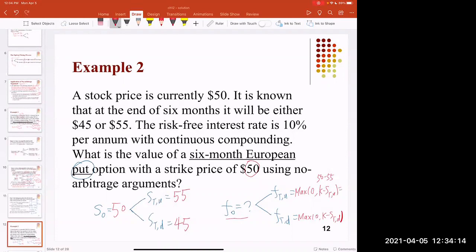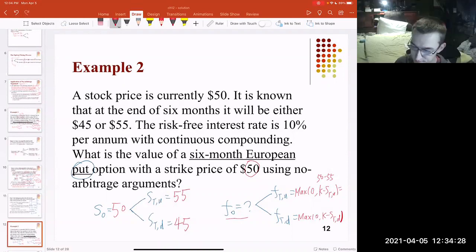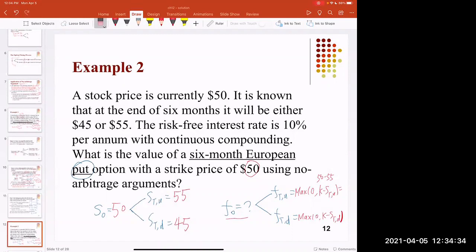Tell me what's the option value when the stock price goes up. Is it 5? No. It's 0. Yes, this is 0, right?